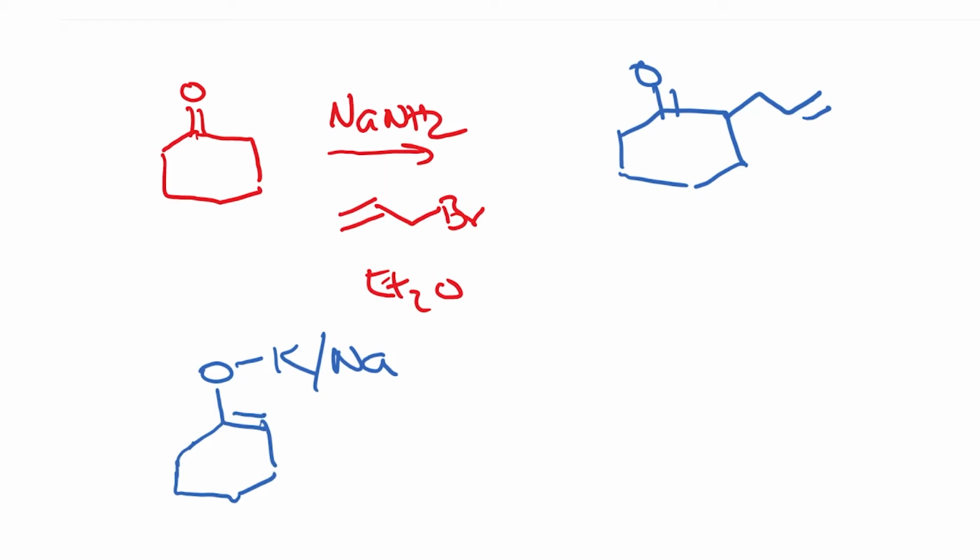Now, ketones and esters are fairly straightforward to react with. The complications really start when we start doing alkylation of aldehydes.